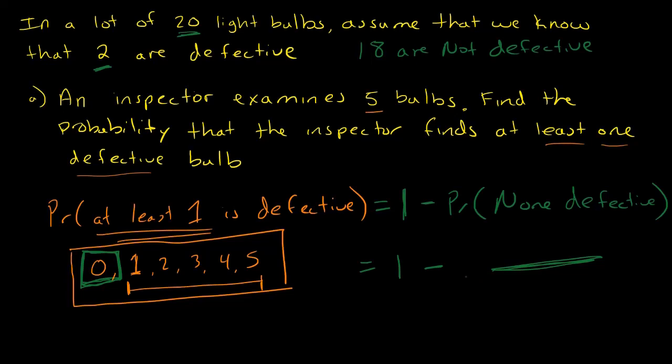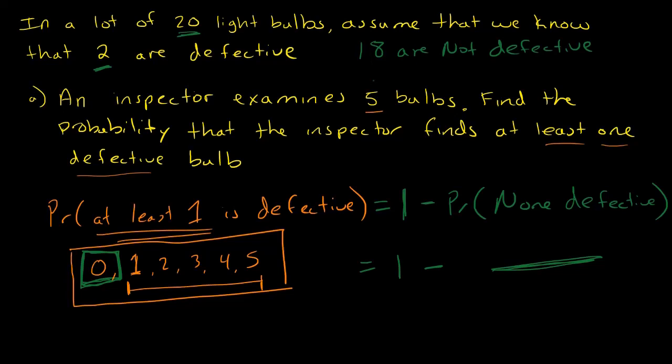Well, let's think this through. Are we going to be using permutations or combinations? Because we're basically selecting from these 18 without replacement, right? The order that we select them doesn't matter.